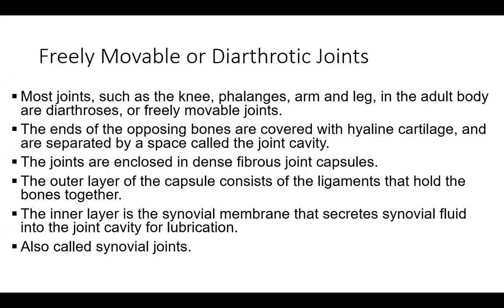And even if they were to touch, they would have hyaline cartilage on the surface of the bones anyway, so they don't rub together. And so when the olecranon process moves, when we move our arm at the elbow, when we flex or extend our arm, we are not touching bone to bone.